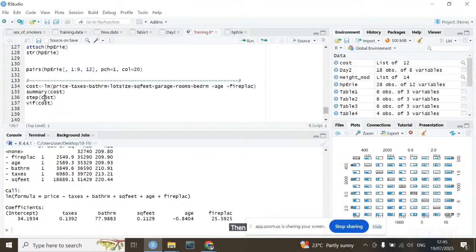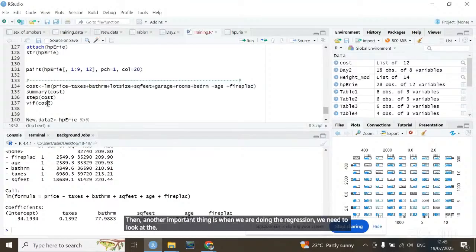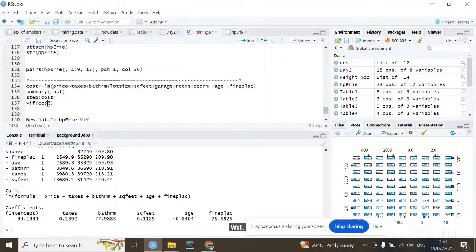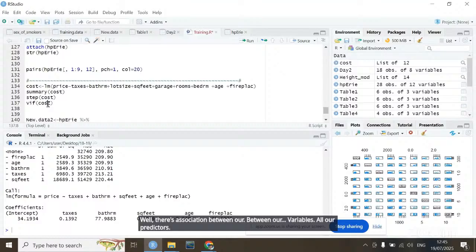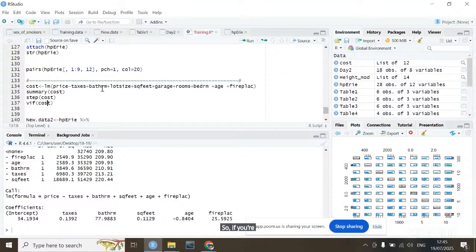Another important thing is when we are doing the regression, we need to look at whether there is association between our variables or our predictors. Much as we are looking at the price, if there's association between the lot size and taxes, then our results may actually be affected.